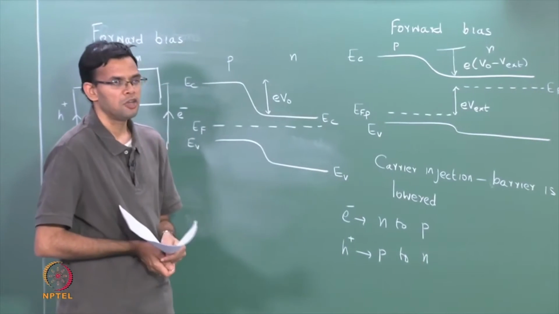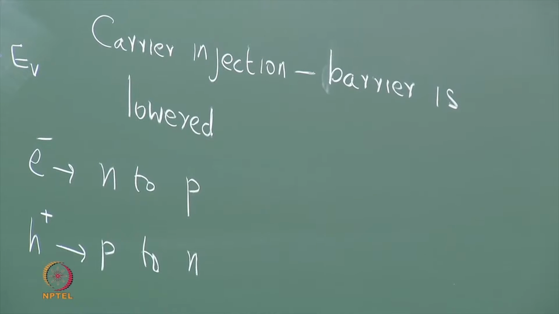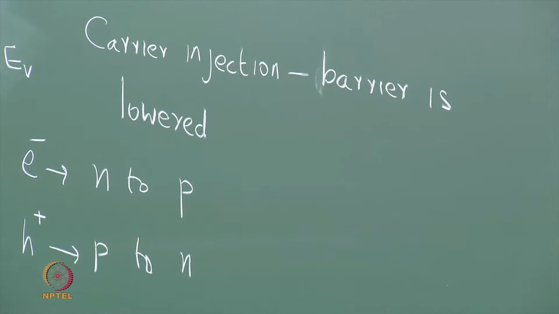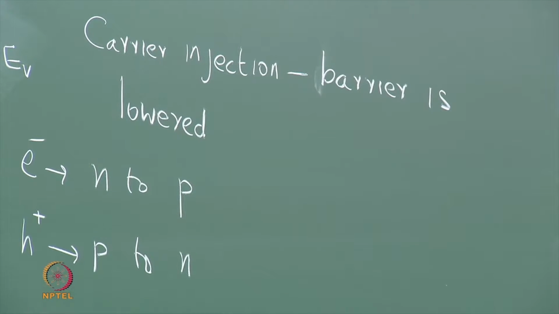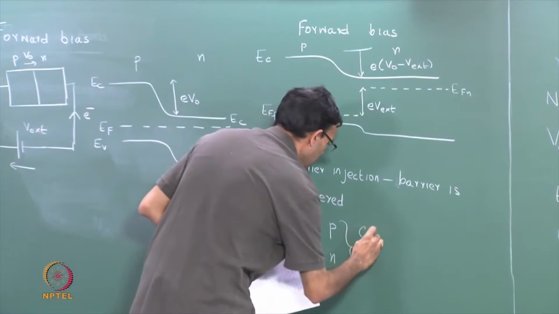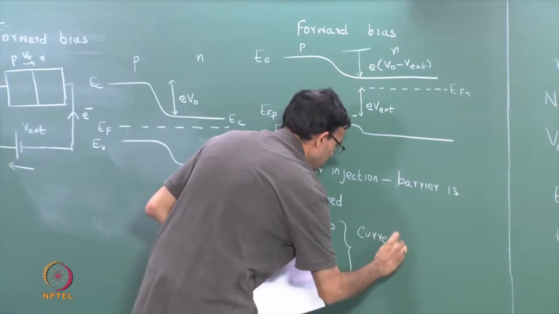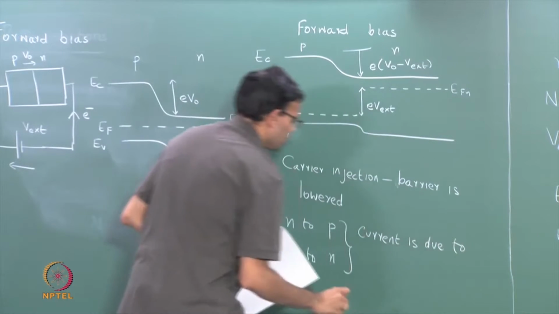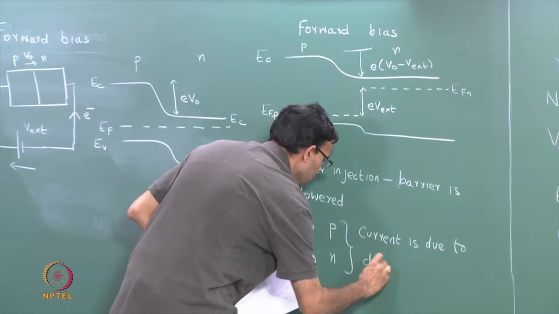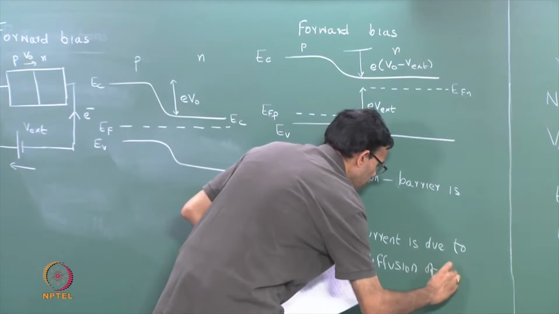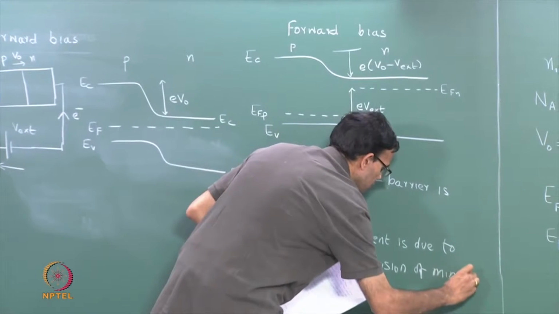So these constitute the current in a p-n junction in the forward bias, and electrons are the minority carriers on the P side, holes are the minority carriers on the N side. So what this means is that current is due to the diffusion of minority carriers.